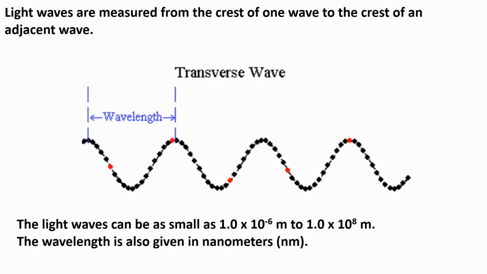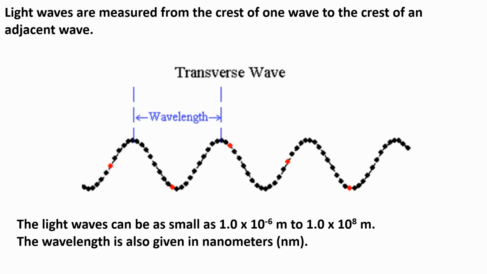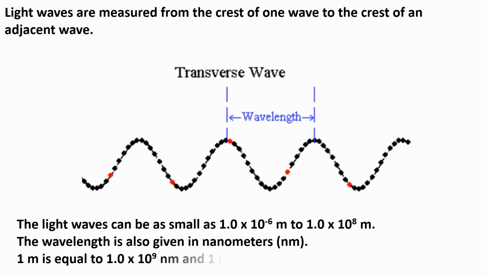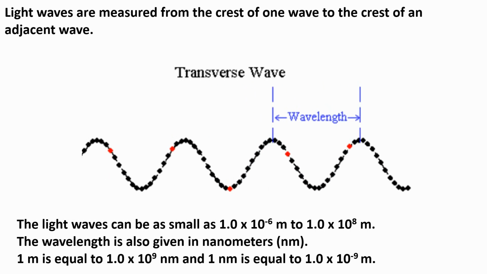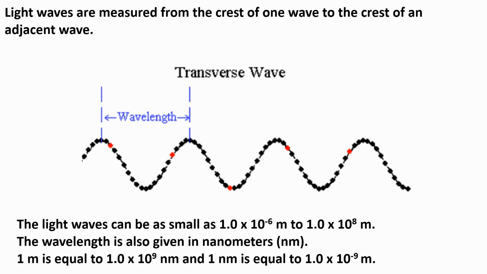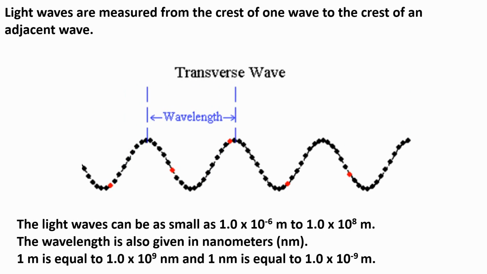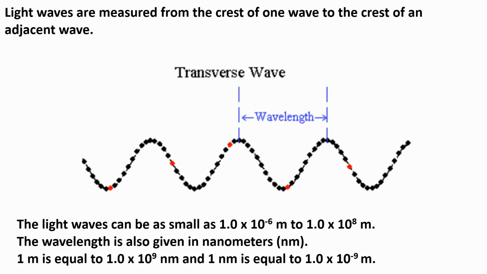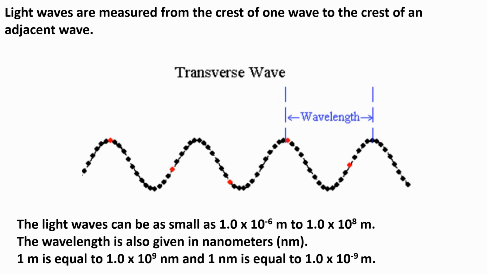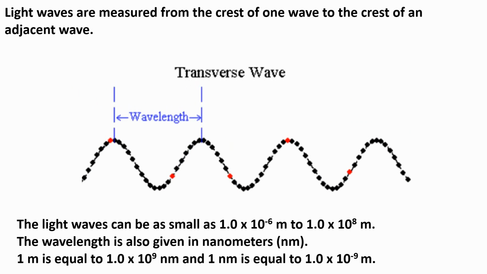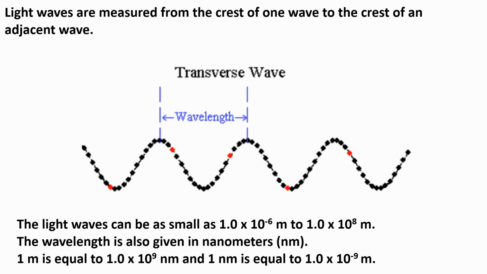The wavelength is also given in nanometers, where 1 meter is equal to 1.0 times 10 to the 9 nanometers, and 1 nanometer is equal to 1.0 times 10 to the minus 9 meter.